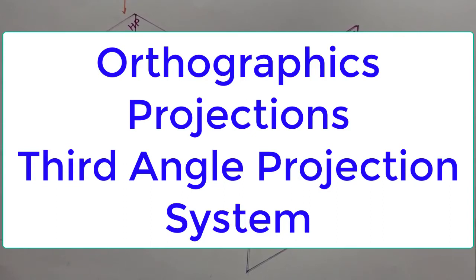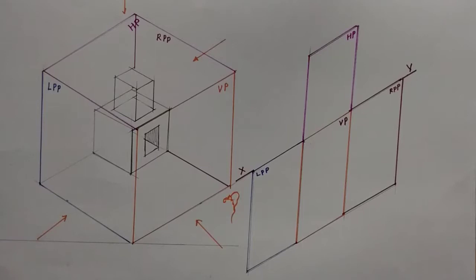Now, friends, we are going to learn our third angle projection system in orthographic projection. First we go for our 3D pictures, where we have the isometric view.